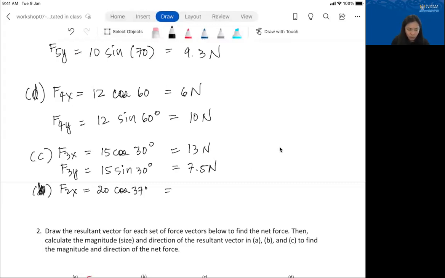That will give you about 16 newtons. And then for the y component, it's 20 sine 37 degrees. And that should give you 6.8 newtons.